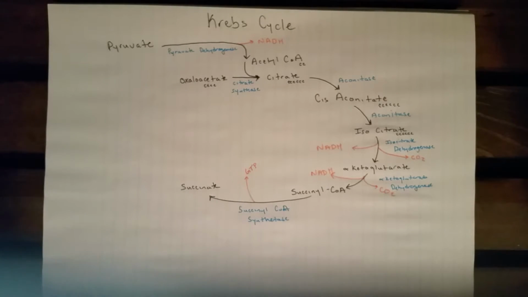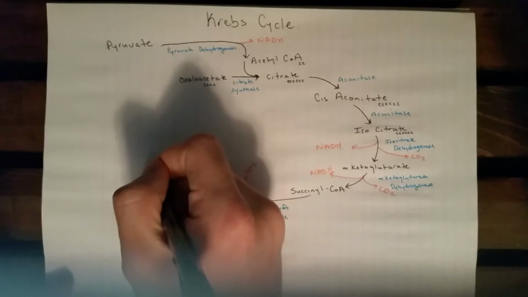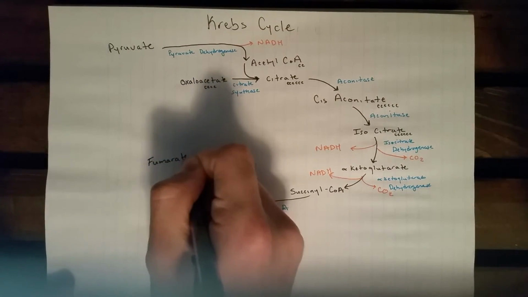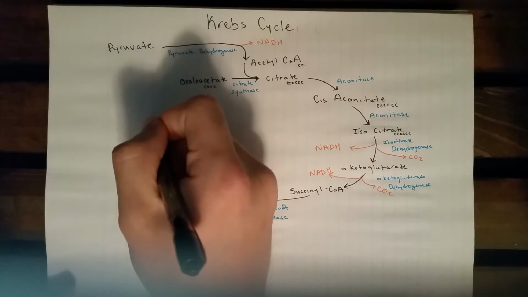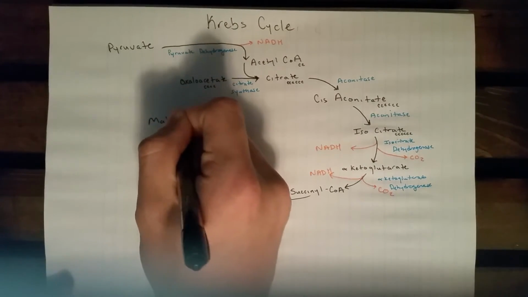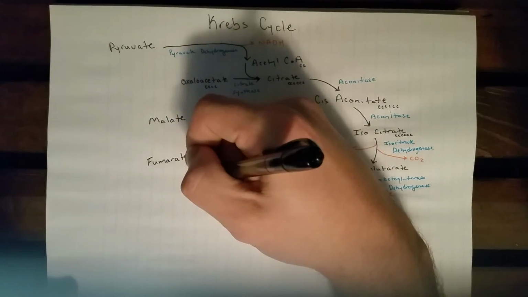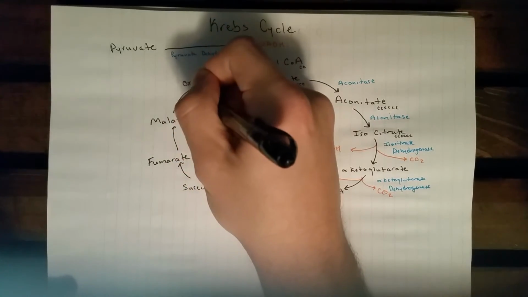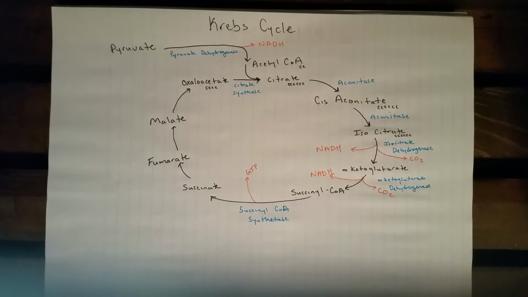And from then on, we have succinate turning to fumarate, and then turning to malate. So we'll draw some arrows here just to depict that. There we go, just to get that shape rolling, and then we'll talk about the enzyme.